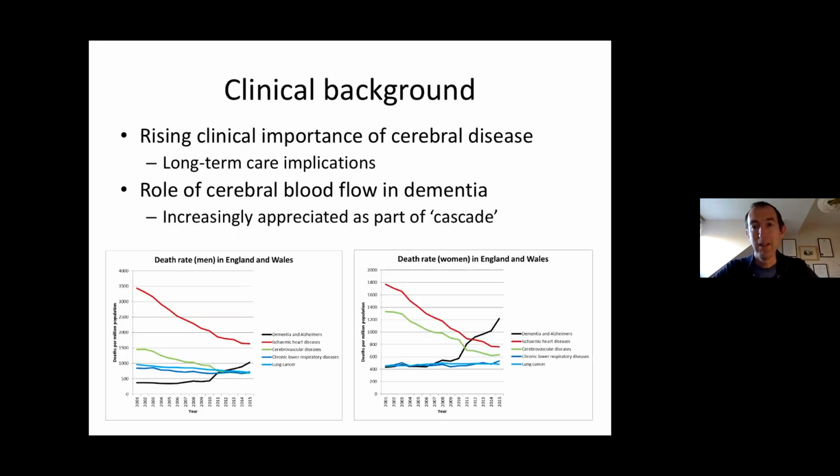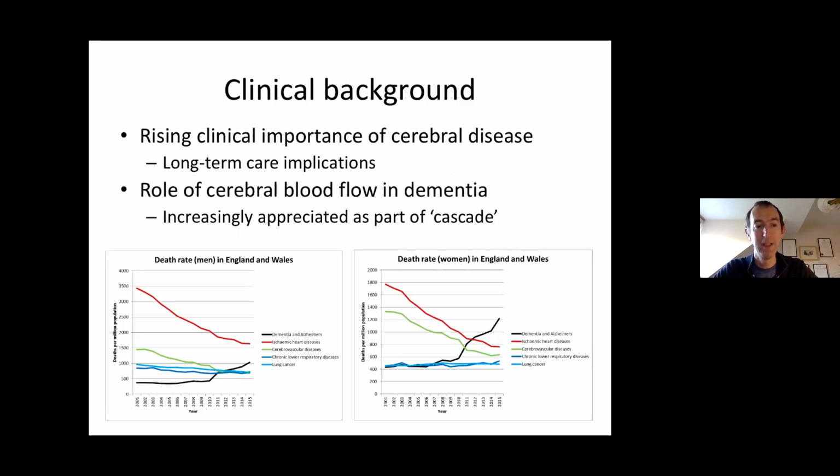I guess I don't need to persuade everybody of the importance of cerebral blood flow, not particularly this group of people. So obviously we care about the rising clinical importance of cerebral disease, particularly the long-term care implications of those. And particularly now people are much more aware of the role of cerebral blood flow in dementia and how that's part of the cascade that leads towards Alzheimer's disease.